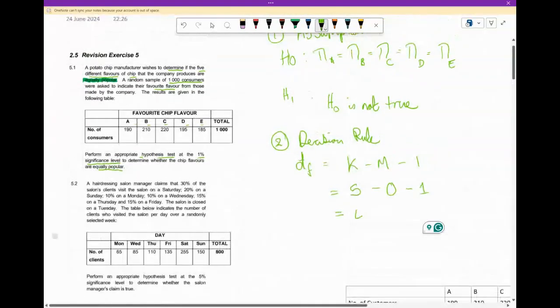Right. So this is obviously then 4. So we've got our degrees of freedom. Our alpha or our level of significance is 1%, which is the same as 0.01.